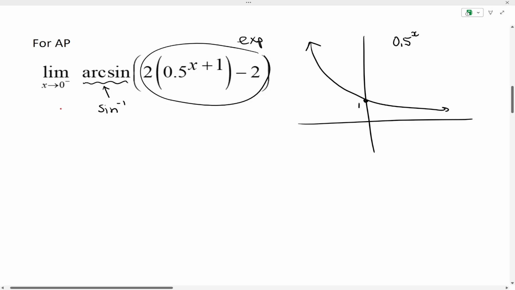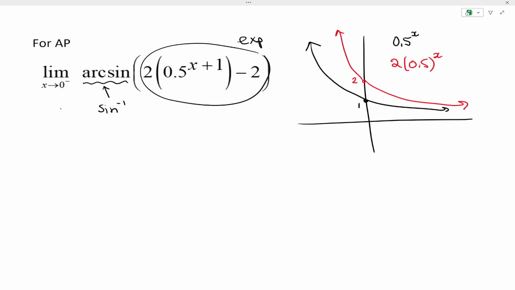Vertical stretch by a factor of 2. Very good. So we're going to apply a vertical stretch by a factor of 2, and I'll do it with a separate color right over top. So vertically by a factor of 2, that means the 1 becomes a 2, but it still decays. And maybe my arm here is supposed to go down a little bit lower, but it's the shape that matters, okay? So far, so good?